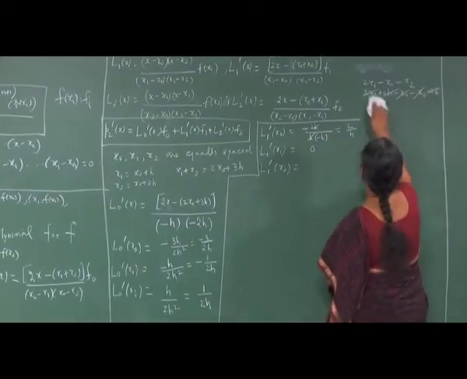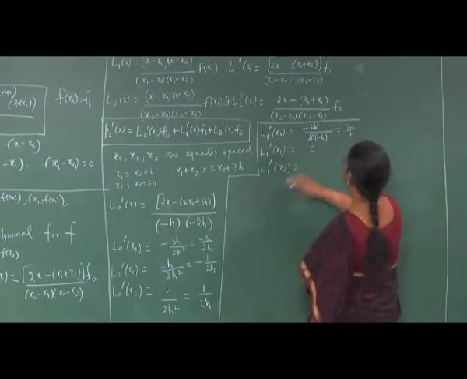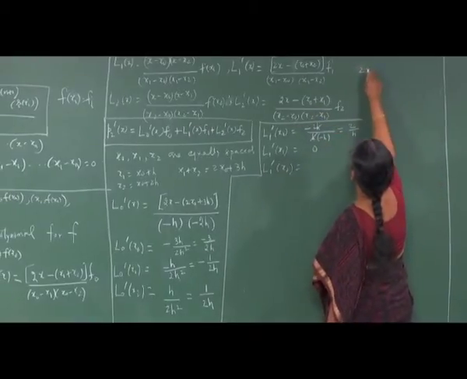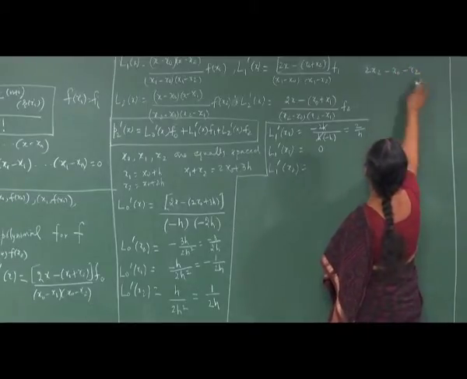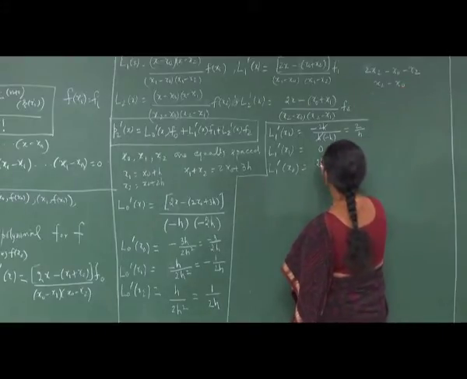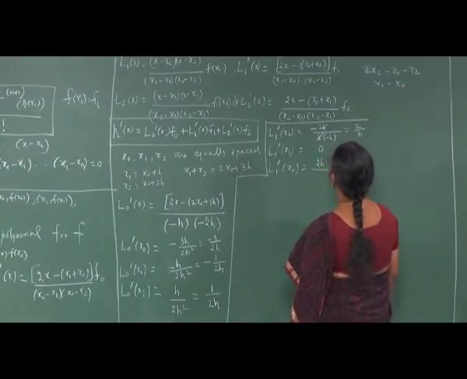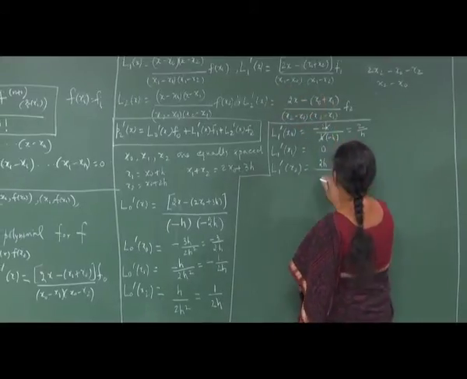Let us now compute L1 dashed at x2. So, 2x2 minus x naught minus x2 will give you x2 minus x naught, which is 2h, and the denominator is h into minus h.